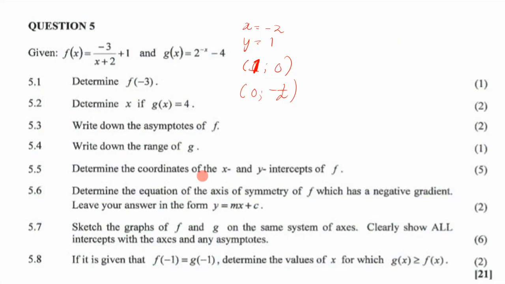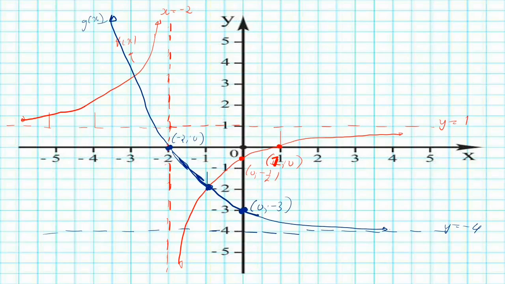But then the question is saying, determine the values of x for which g of x is greater or equal to f of x. So what does this mean? It means we are trying to find the values where the graph of g is either above the graph of f of x or equal to the graph of f of x.